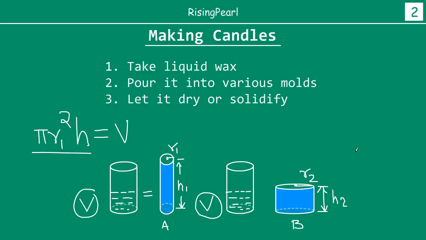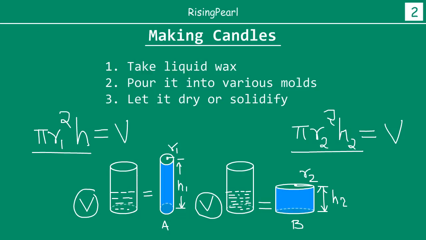Then the volume of this cylinder, which gives us how much liquid wax is in this, is given by pi R2 square times H2. Now this volume of the solid absolutely must be equal to the volume of the liquid wax that made this solid. So these two volumes must be equal.